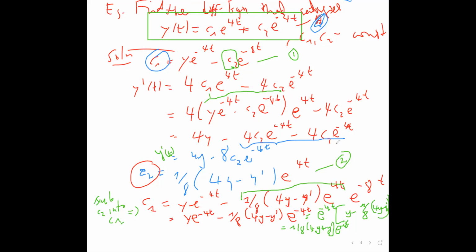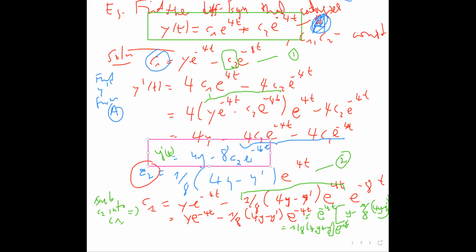Then, second step, find the derivative of A. Find y' from A. If you find y' and do your simplification, you should get y'(t) is equal to this here.